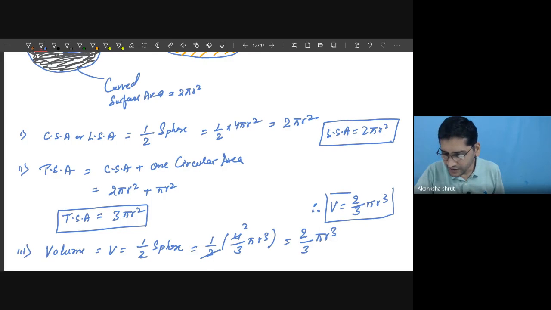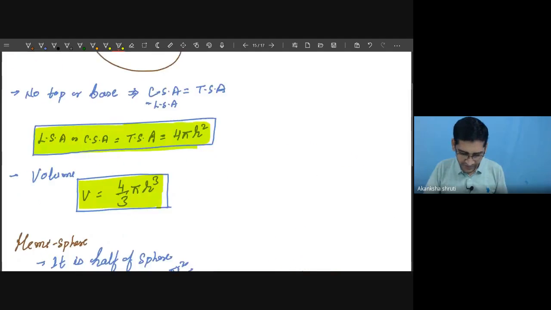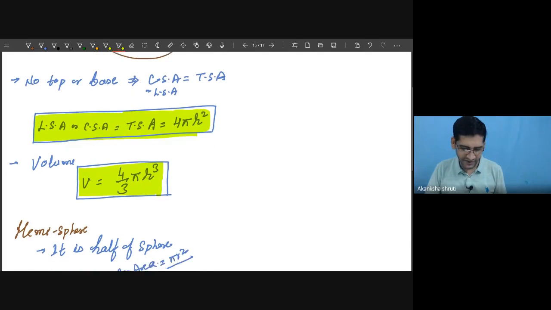Is it okay, student? So these are the things that we need to keep in mind. Volume of the hemisphere is obtained from 2/3 of pi r cube, but the volume of the sphere is 4 by 3, meaning twice that of the hemisphere.